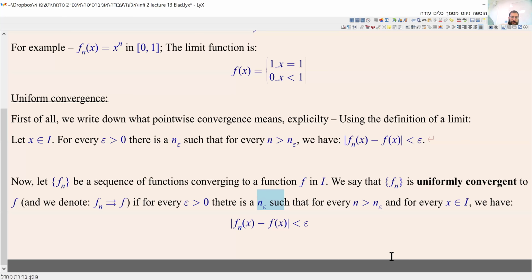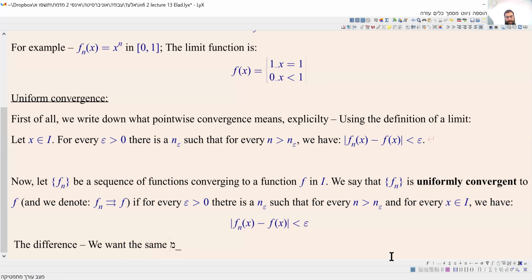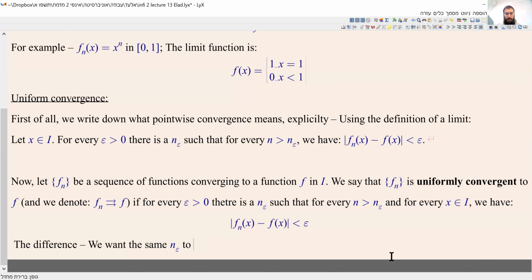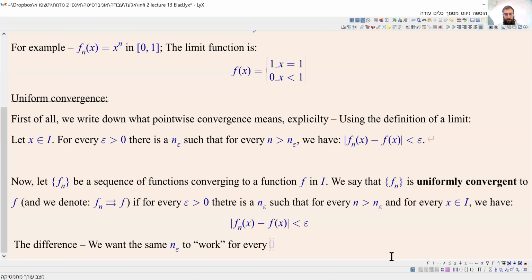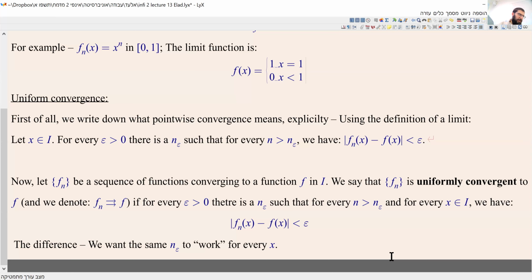Geometrically speaking, and let's write down the difference. We want the same n epsilon to work for every x, and not for every x having its own n epsilon.